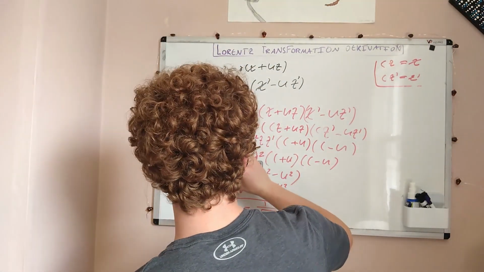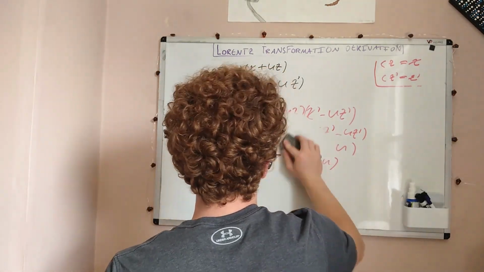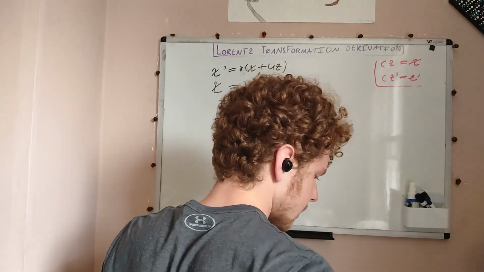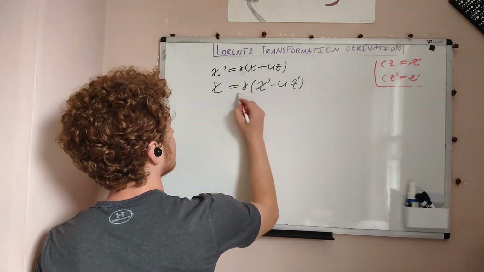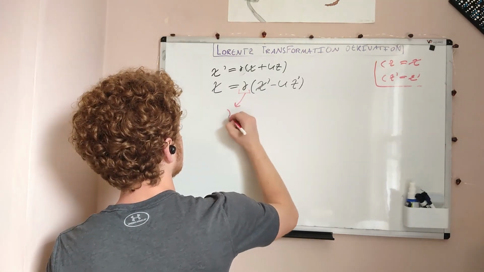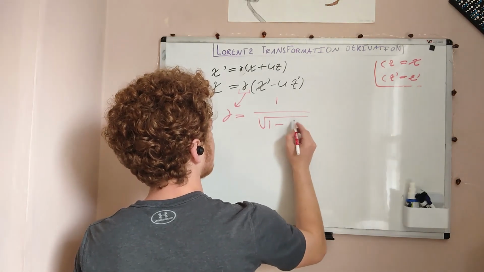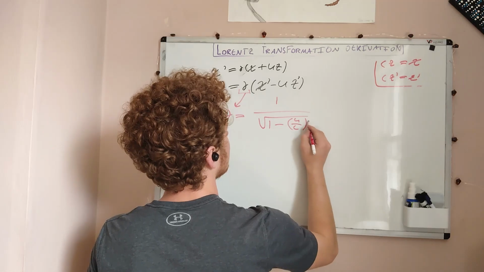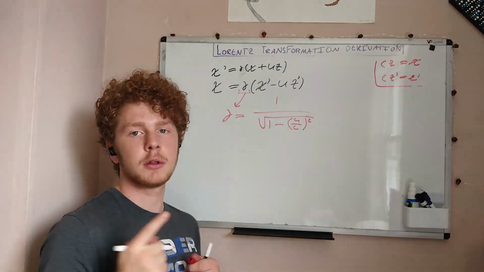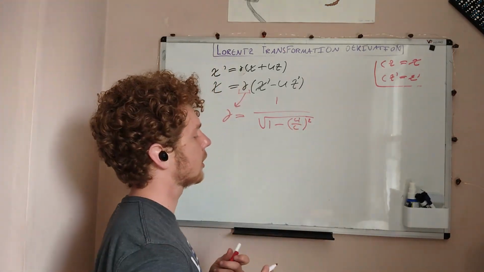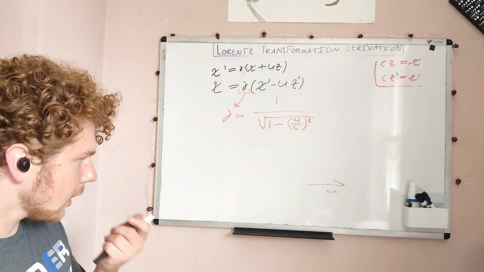Cool. And I'll show you some really nice things about what we just found. So what we found is this factor here, and we found it to be this. And the really nice thing is we found this factor only in terms of the relative speed. So if you were to think of yourself moving at speed u, that's all it is.